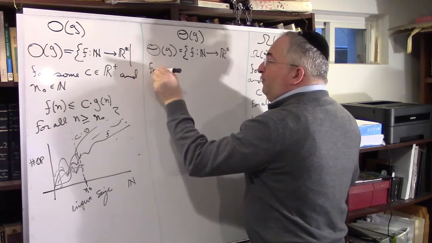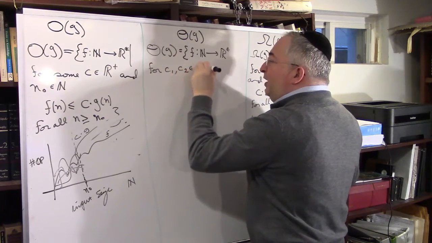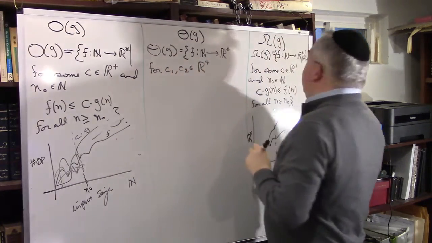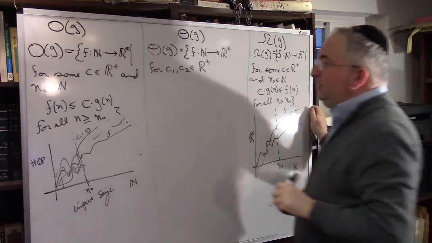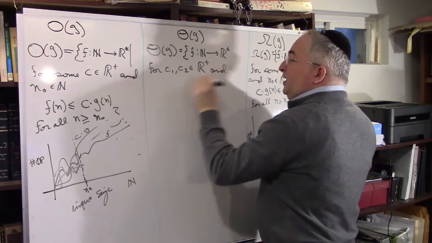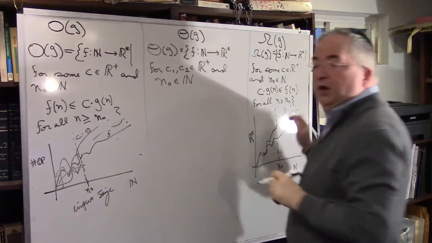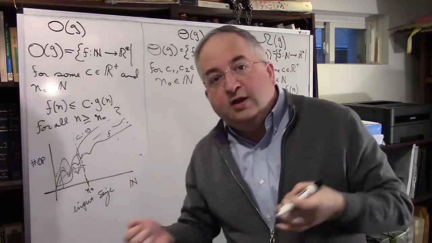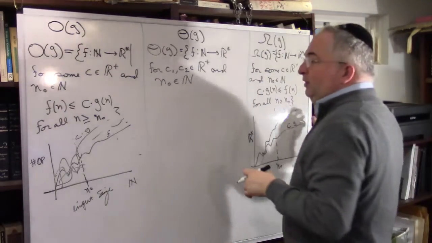Now we have C1, C2 members of R plus. Here we had one constant, here we have another constant. And n0 member of N, same thing as before. We want to know when we're getting into large inputs. We don't care about small inputs.